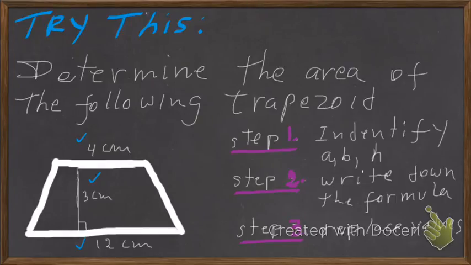Step 1, identify the values for A, B, and H. Step 2, write down the formula of the trapezoid that you already know. And step 3, replace these values in the formula and find the area of this trapezoid. Can you please do that? And I'm going to see if you got the correct answer.